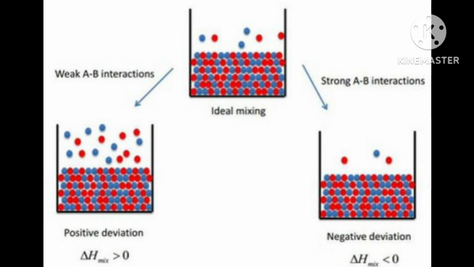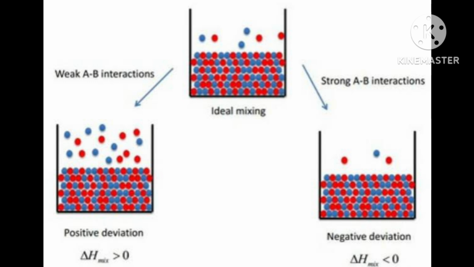Suppose P1 is the vapor pressure of the solvent, and X1 is the mole fraction, and P1 naught is the vapor pressure of the pure state, means pure solvent.